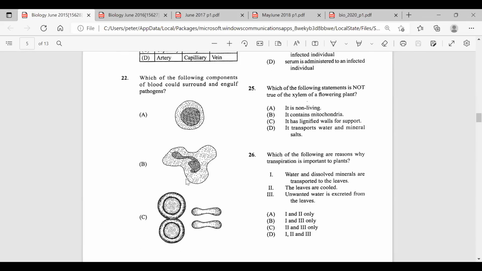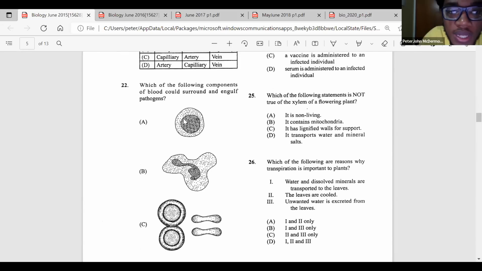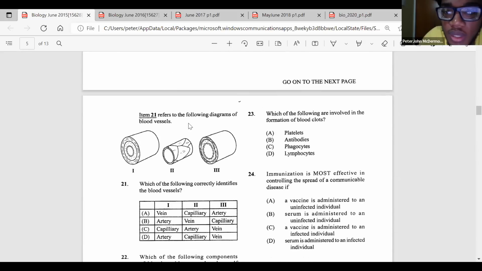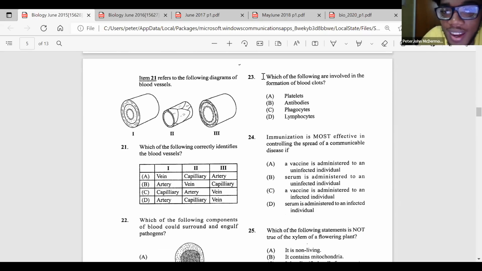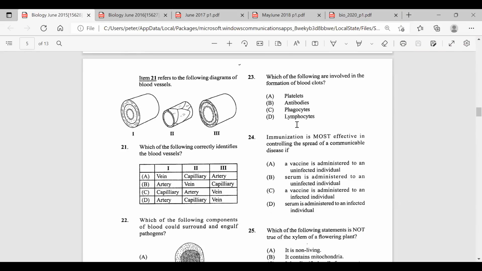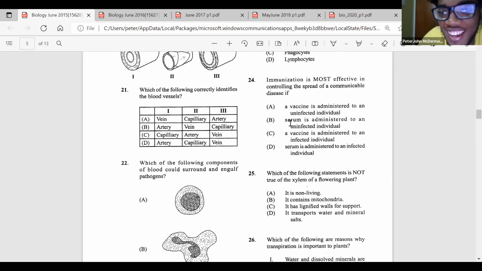Yeah. Monocyte, I think a monocyte is just for antibodies, but unimportant. All right, next question. Formation of blood clots. Platelet. Yeah. See?